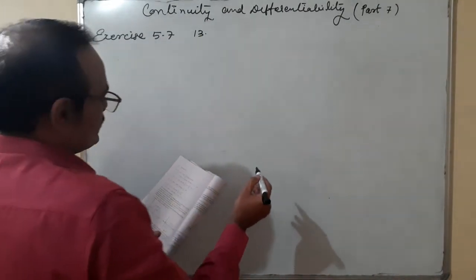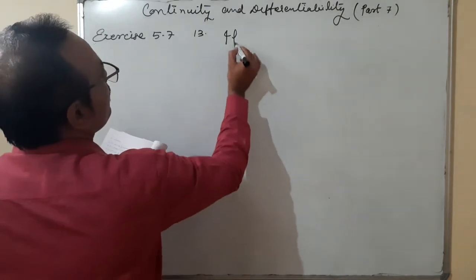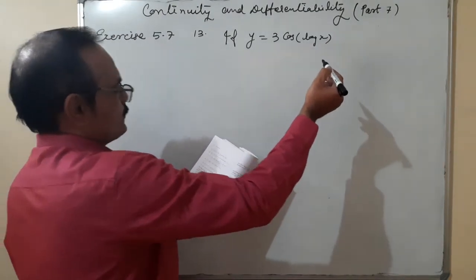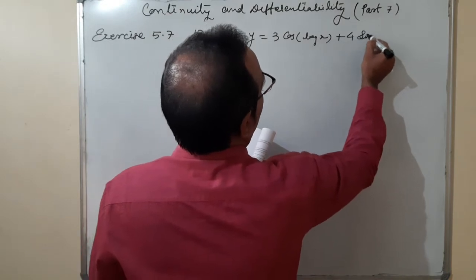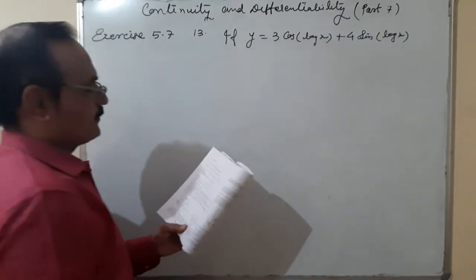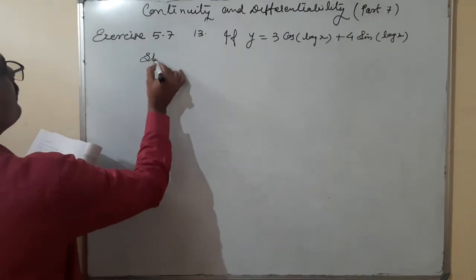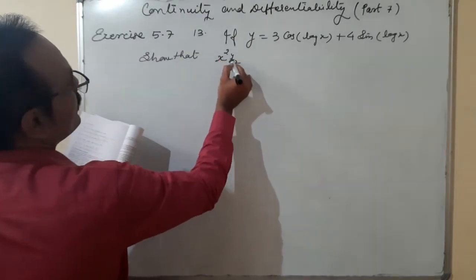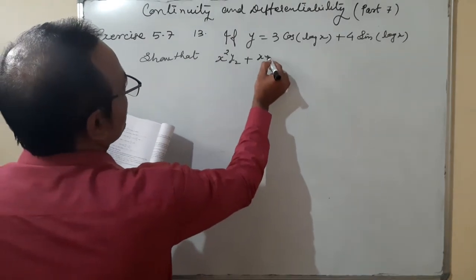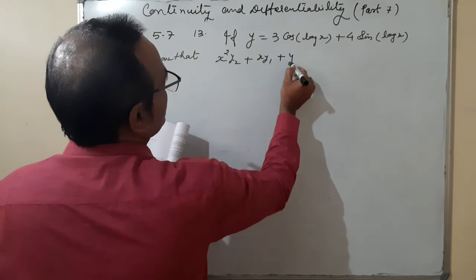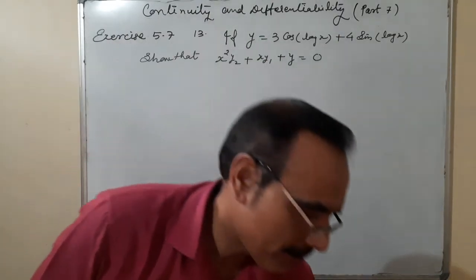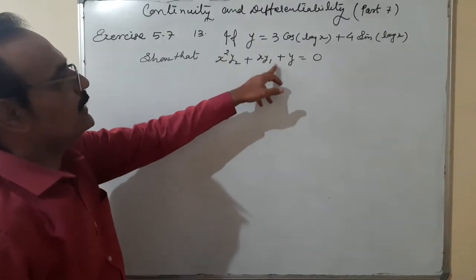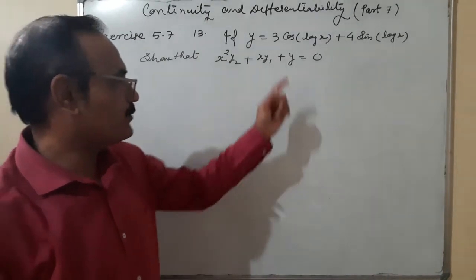If y is equal to 3 cos log x plus 4 sin log x, show that x square y2, meaning the second derivative, plus x y1, the first derivative dy by dx, plus y is equal to 0. So that means it is confirmed we have to differentiate these terms 2 times.